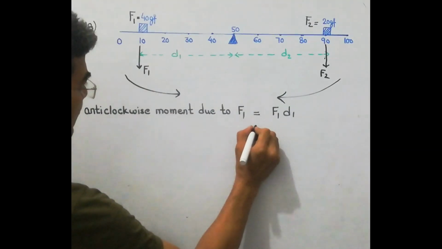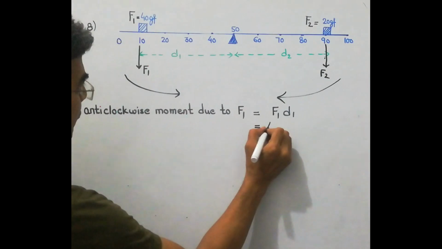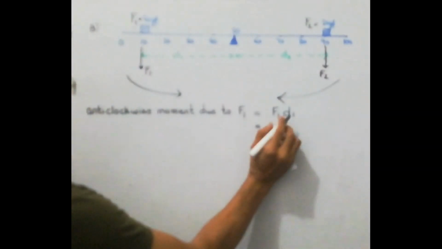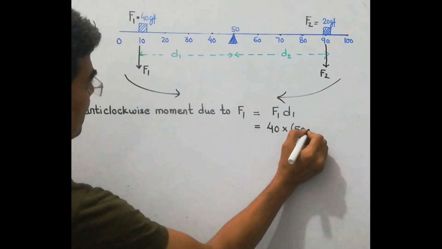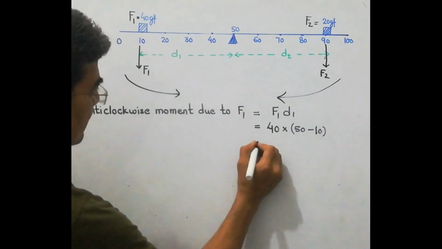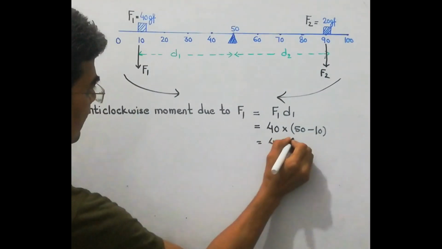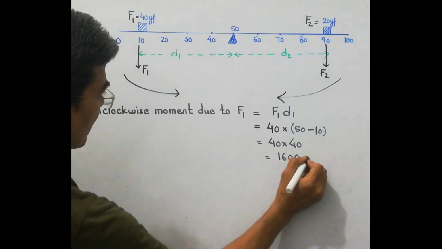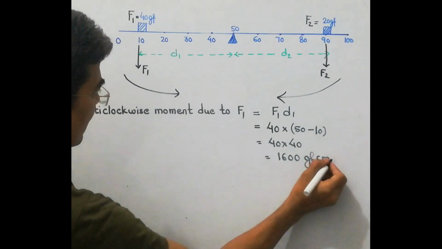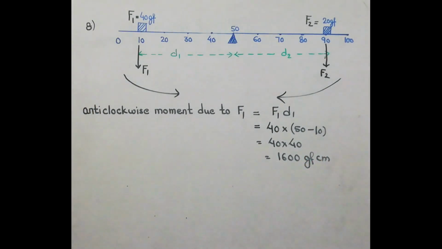So here F1 is 40 GF and D1 is 50 minus 10. So the anti-clockwise moment in this diagram is 1600 GF centimeter.